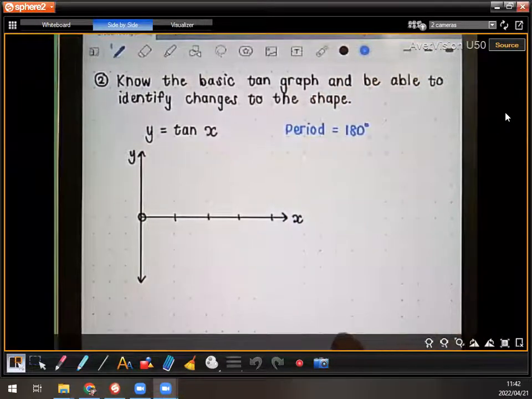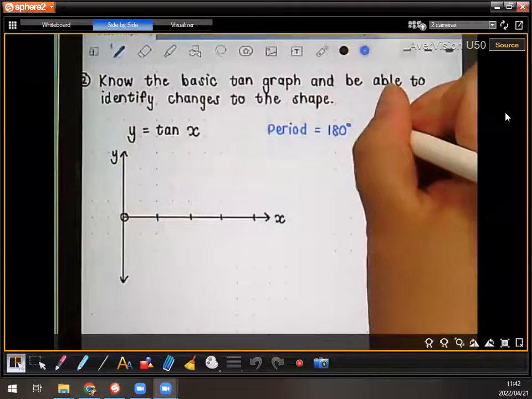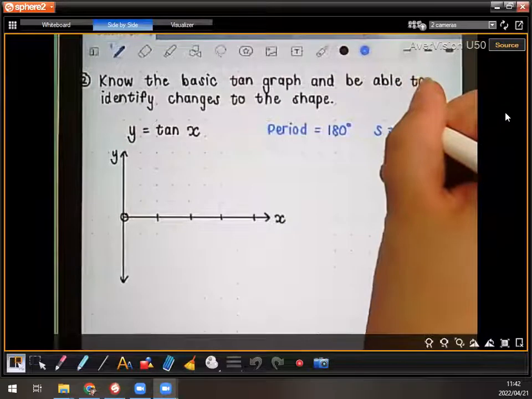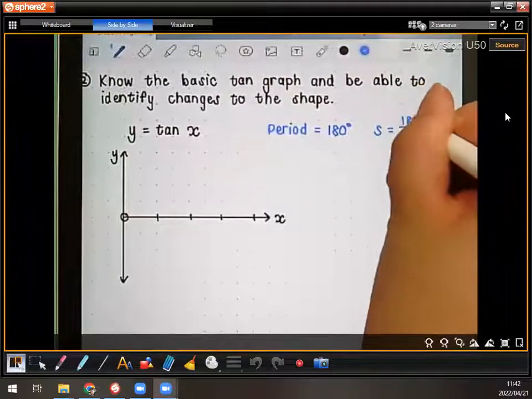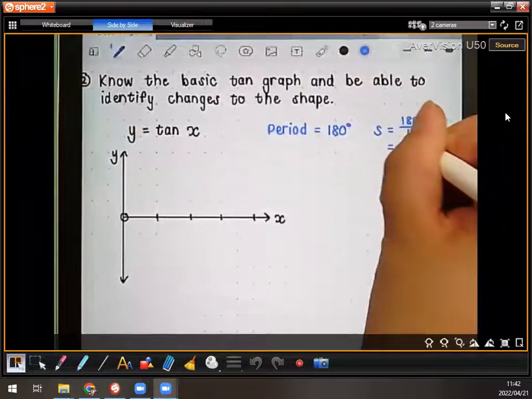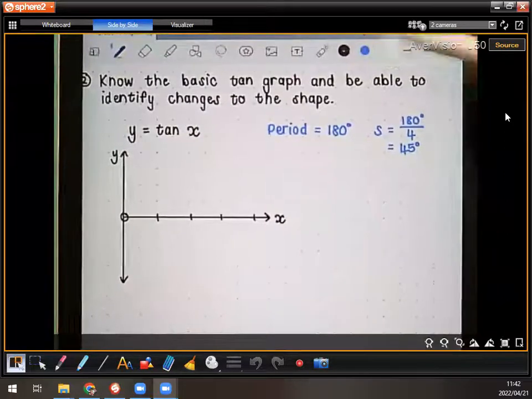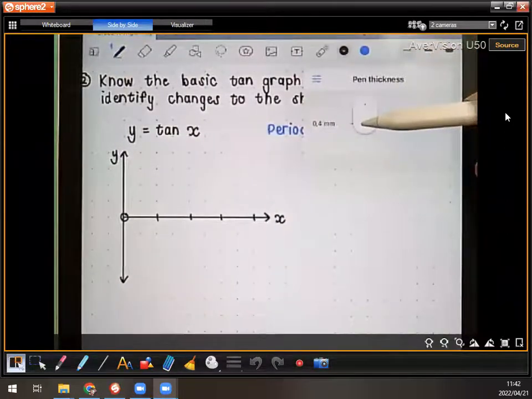So then we get our step from that. The step is always the period divided by 4. So S is going to be 180 divided by 4. So the step is 45 degrees. Now when you're drawing your x-axis, you need a notch at every 45 degrees. I'm just going to fill those values in.